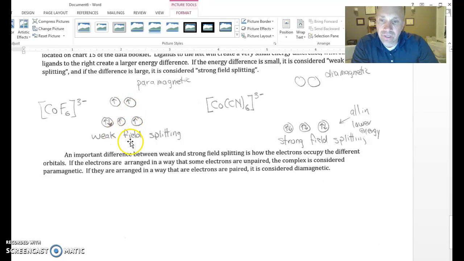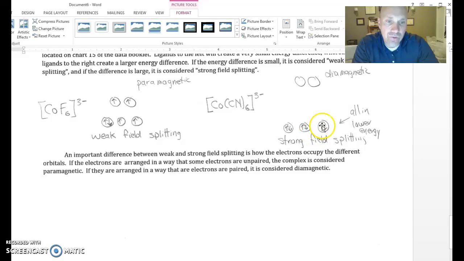We mentioned the weak field and the strong field splitting, and that has an effect on where the electrons would choose to reside. One property that creates is what's called paramagnetism and diamagnetism. A material is considered to be paramagnetic if it has unpaired electrons. Notice that if you've got a situation like this where some of these electrons are in these upper energy orbitals, you have a couple of electrons which are unpaired, and that's going to make that material paramagnetic.